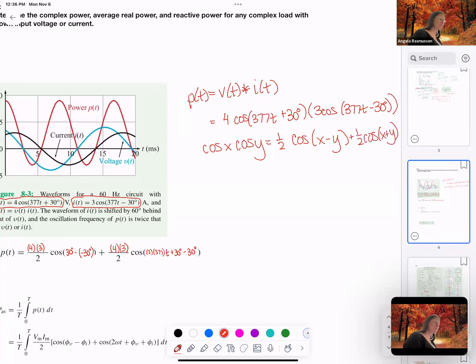This is just a trigonometric property. And so in this case, we're going to multiply the coefficients. So 4 times 3 over 2, and then it's going to be cosine.